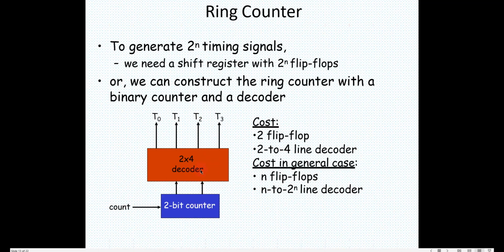So it saves a lot of flip-flops, because flip-flops take a lot of space. Decoders don't take that much space. So this is an option we can use to reduce the hardware requirement.